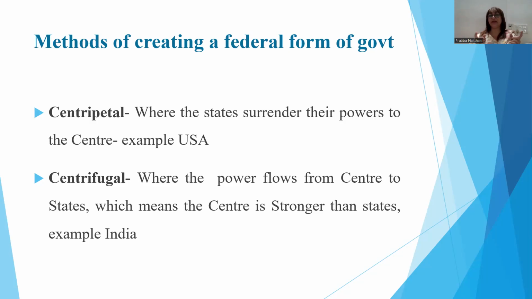These were different independent states. So what did they do? They said, we will keep only defense, foreign affairs and currency in common. Rest, all of us are going to have our own constitutions. We will have our own system of governance, our own set of do's and don'ts, and our own rules of citizenship.